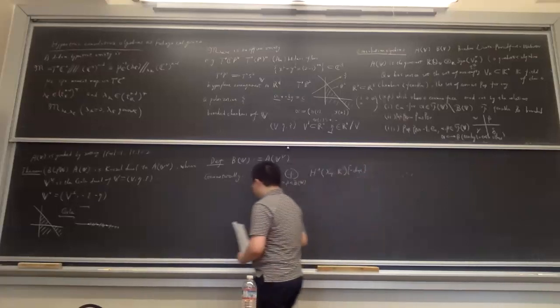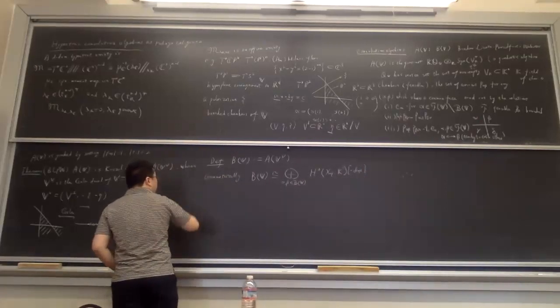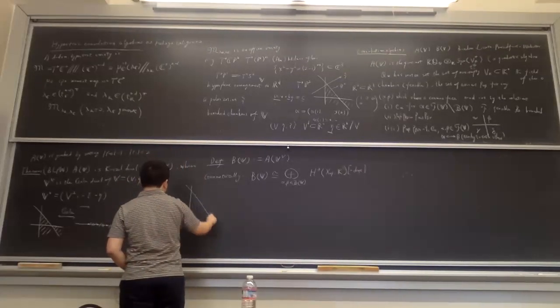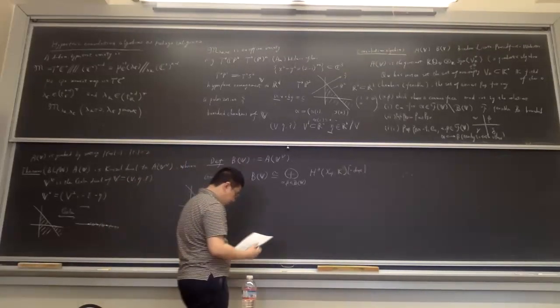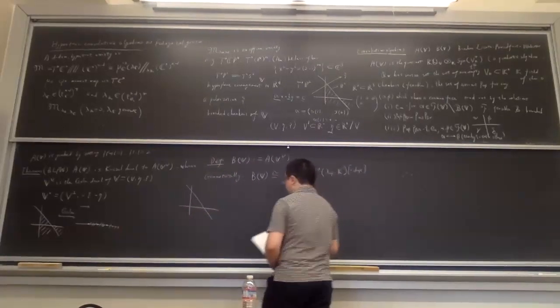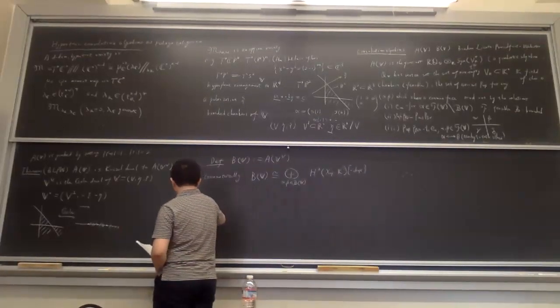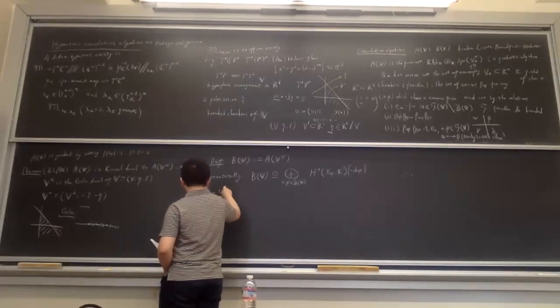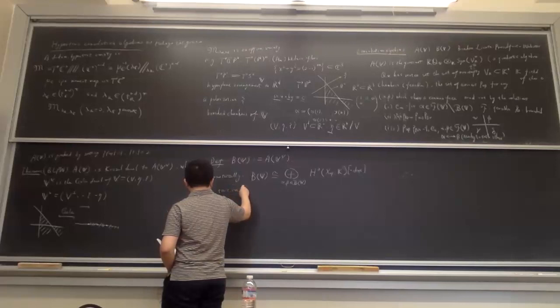So let me tell you what X alpha beta is. As I have said, you look at this hyperplane arrangement, you have bounded chambers, and every chamber will give you a toric variety, which I will denote by X alpha.